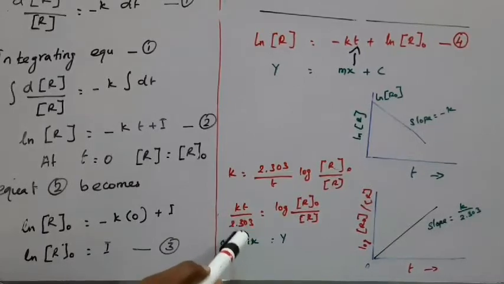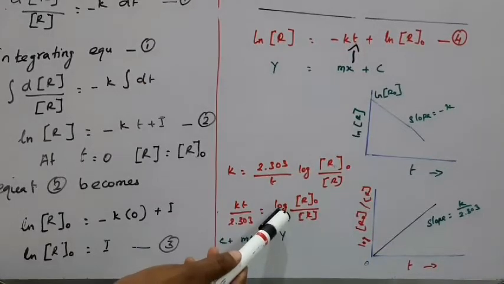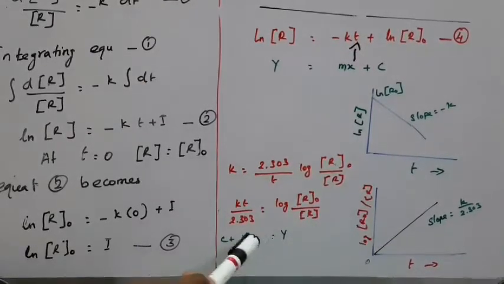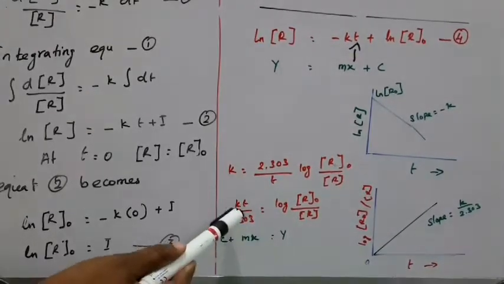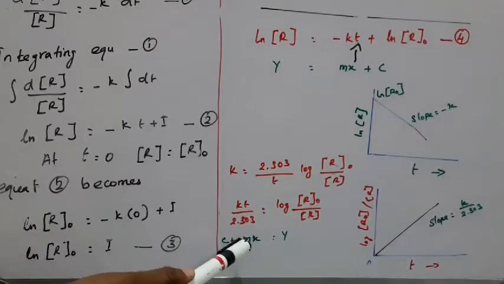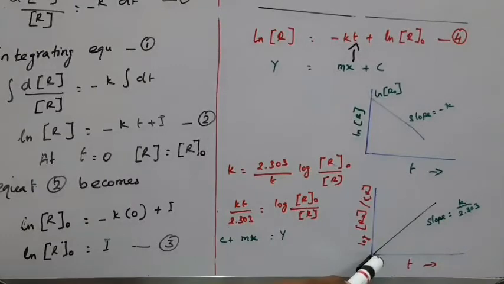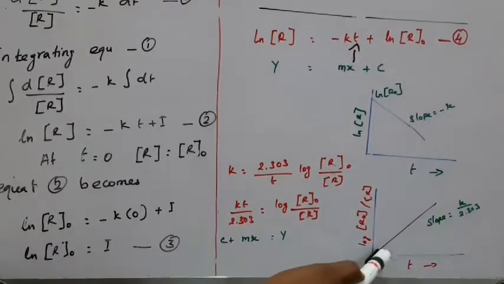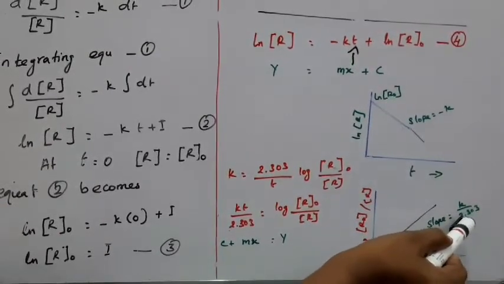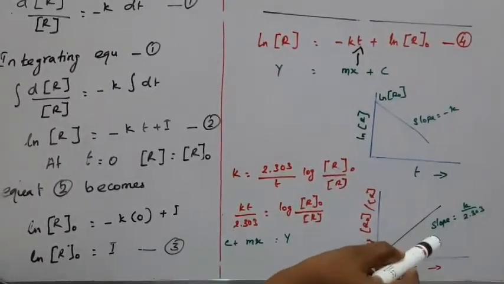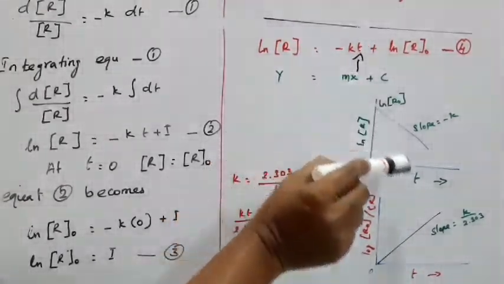Since the slope is positive, when we draw it, on the y axis we take log of R0 by R, and on the x axis we take time t. The slope is positive, k/2.3, and there is no constant, so the graph starts from the origin and increases. Earlier we saw a minus sign, so it was completely decreasing.